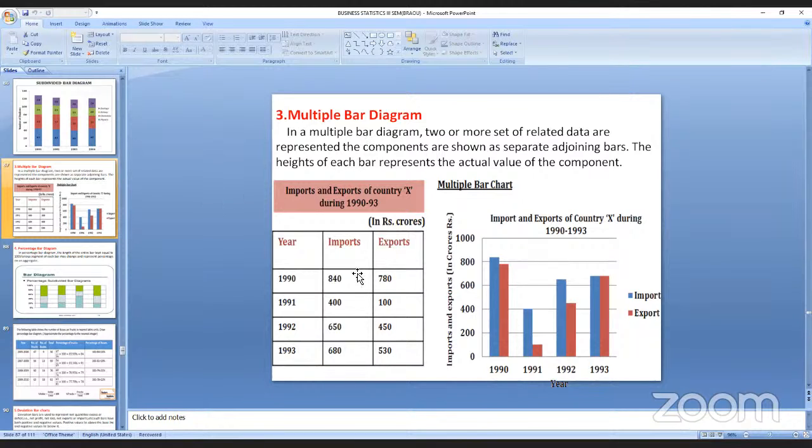So here in 1990, imports are 840, exports are 780. I am taking this column, till 840, then you have to close it. And the next is 740, adjacent to it.